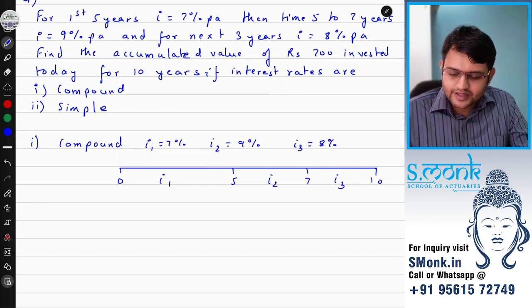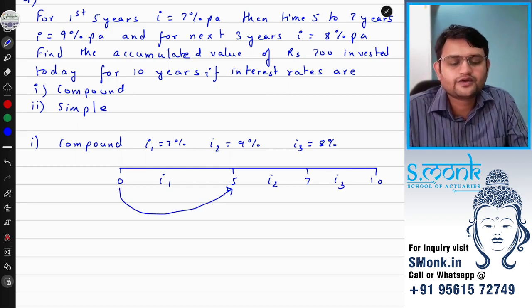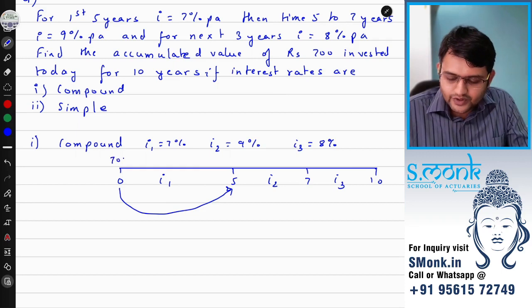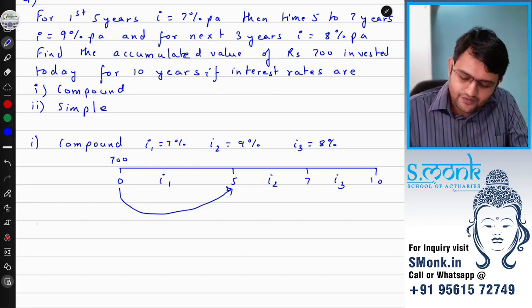Now if I calculate from time 0 to time 5, 700 I had invested today. This is the time. At time 0, I've invested 700. If I calculate from time 0 to time 5, how much will I have?